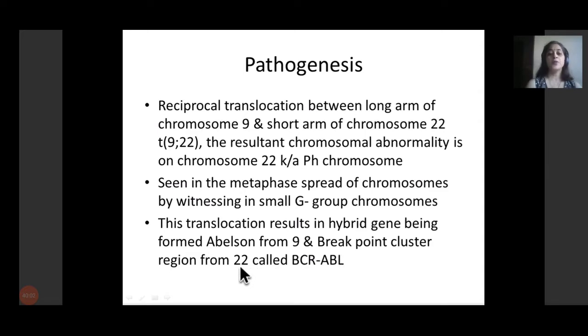The chromosome 9 part is Abelson, and the BCR is on 22. The resultant fusion gene is formed on chromosome 22.